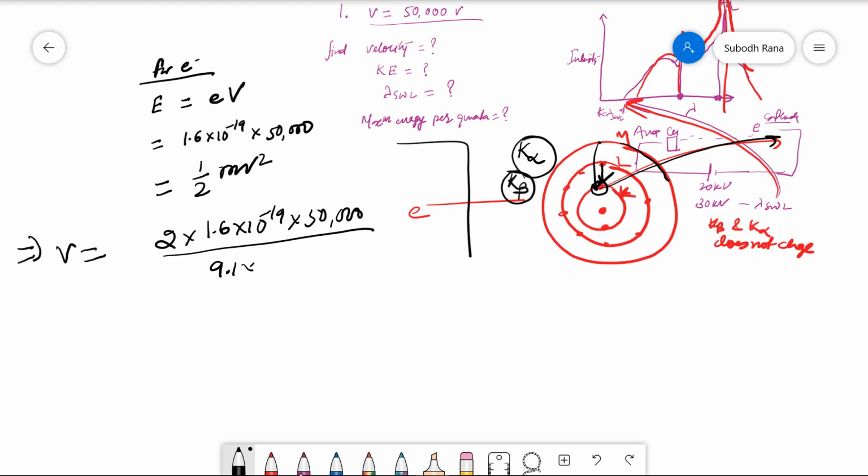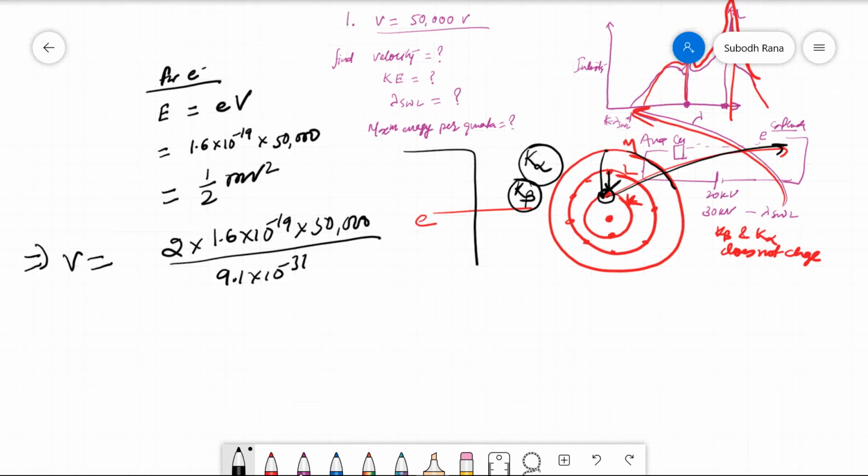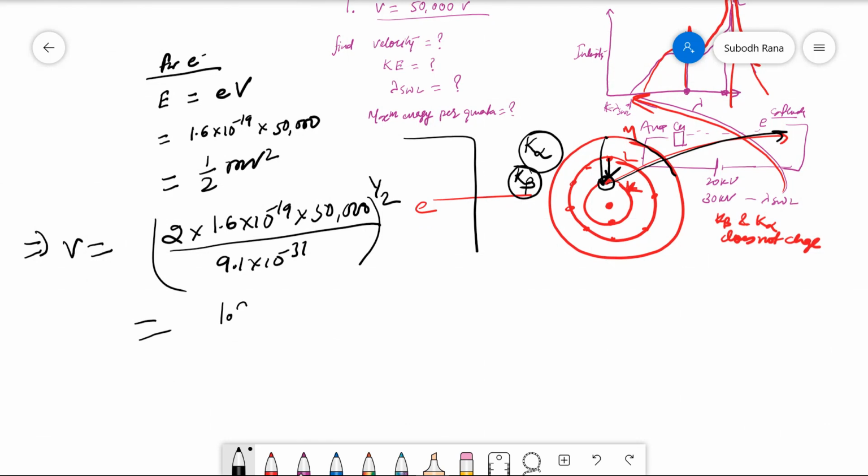What is the mass of the electron? 9.1 into 10 power minus 31 kg, whole to the half. I have calculated this, and it is 1.32 into 10 power 4 meter per second. So here we have calculated the velocity of the electron which is striking the metal target.